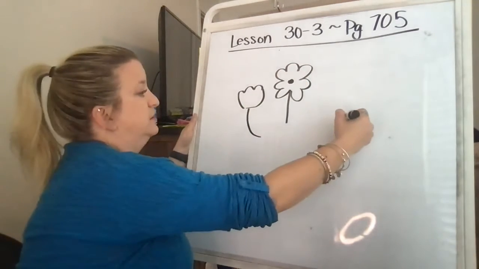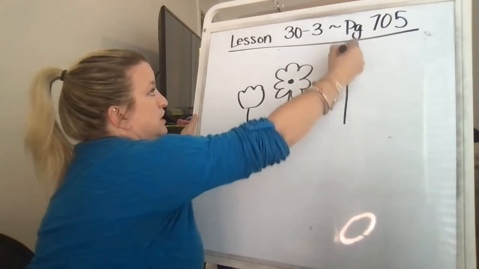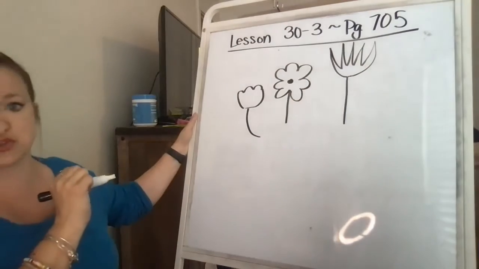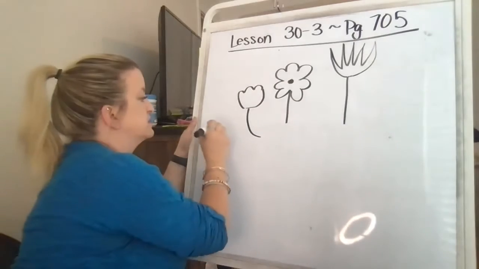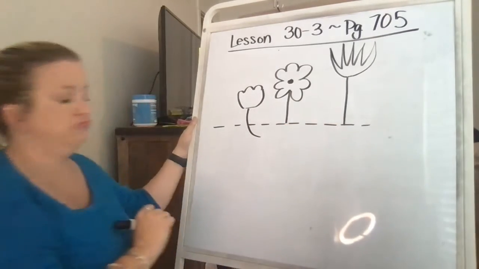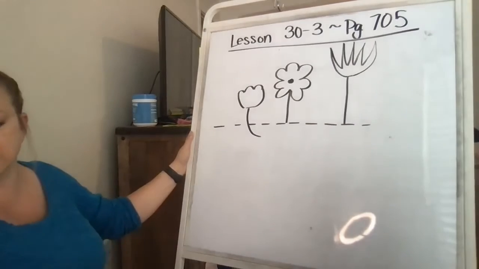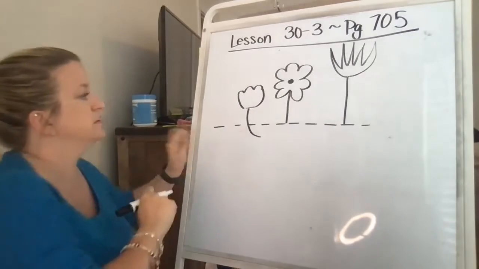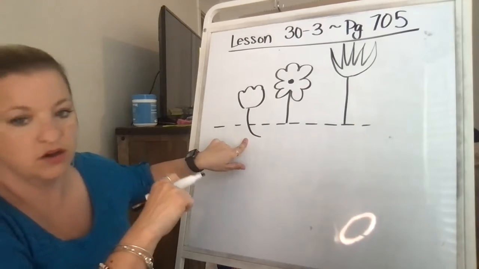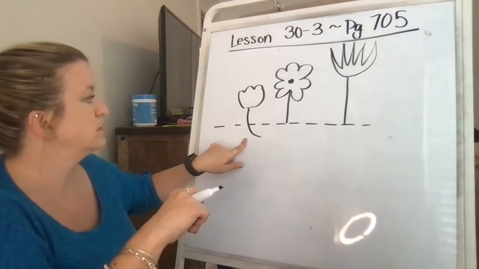And then you have, I don't know what this is, but it is cool. It's all spiky. So this is how the book draws it. And then it does this. But it says the red flower, this one's red, is the shortest. Do you agree? Why or why not?